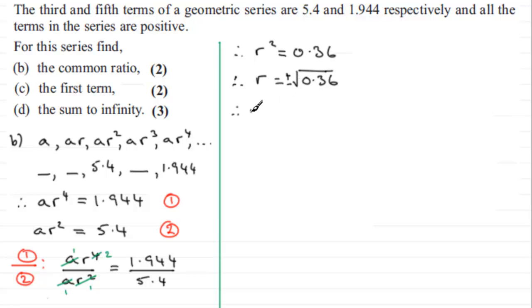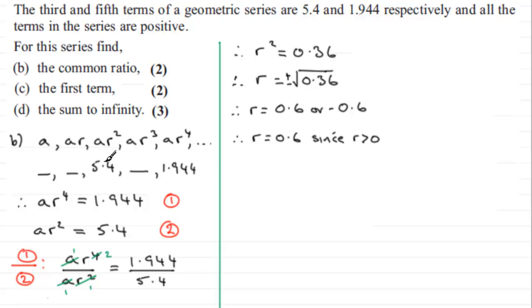That would lead us to r equals 0.6 or minus 0.6. But this is the reason why they said the terms in the series are positive. So we need to take the positive value for r. So we just say therefore r equals 0.6, since r must be greater than 0.